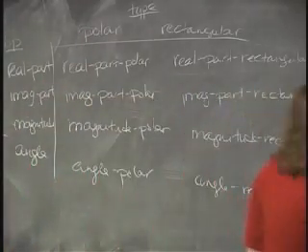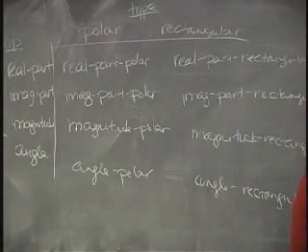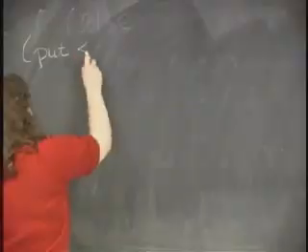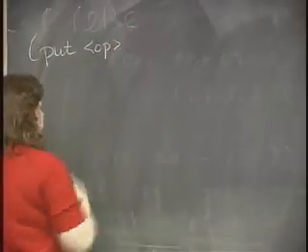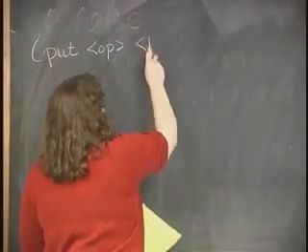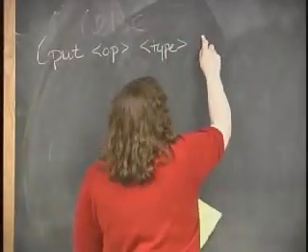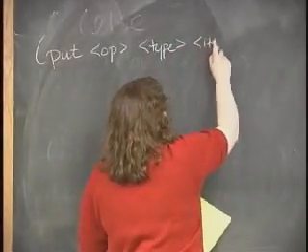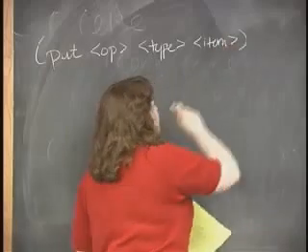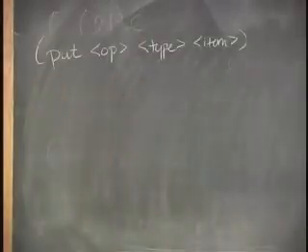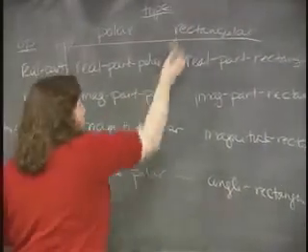So to put things into the table, we have a procedure called put. You put the operator, the type, and then whatever item you want to have in that slot of the table. So let's say we wanted to install real part rectangular as our real part type rectangular.